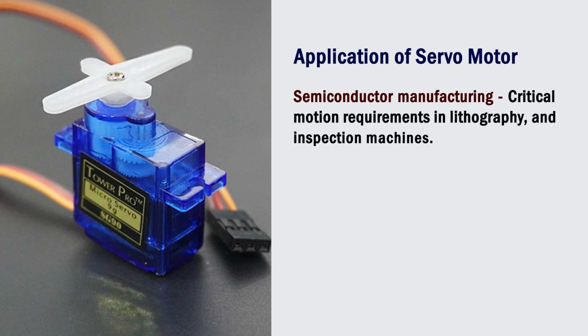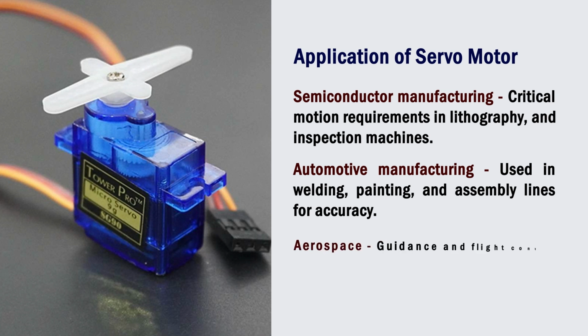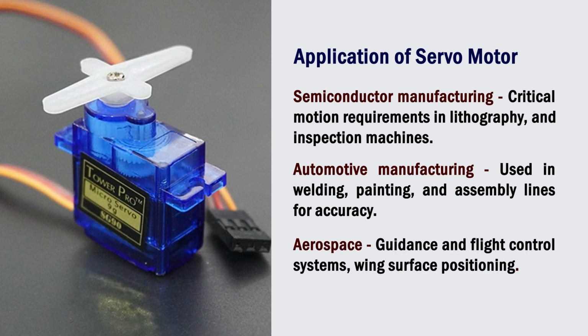The next application of servo motor is with semiconductor manufacturing. In this, there are critical motion requirements in lithography and inspection machines. The next application of servo motor is with automatic manufacturing. It is used in welding, painting, and assembly lines for accuracy. The next application of servo motor is in aerospace.